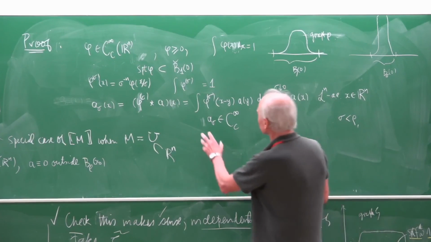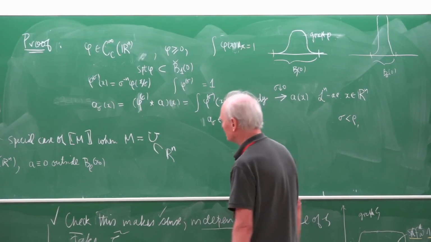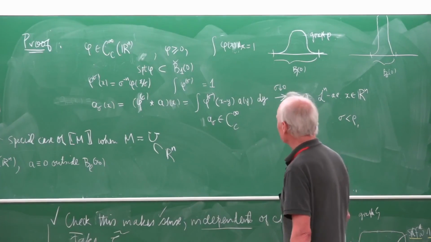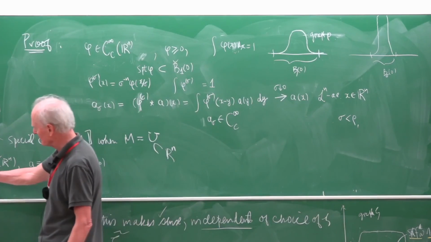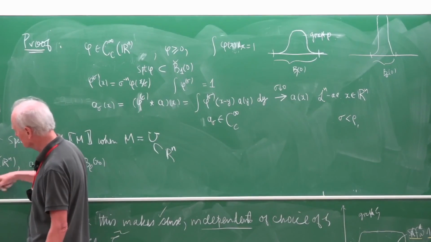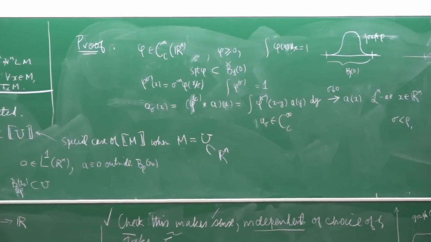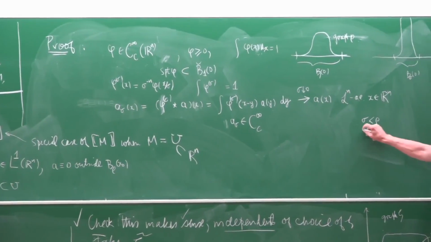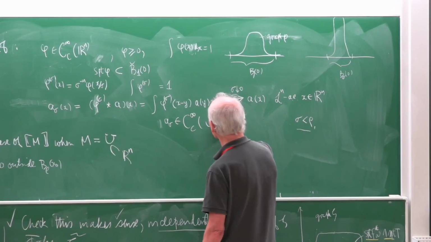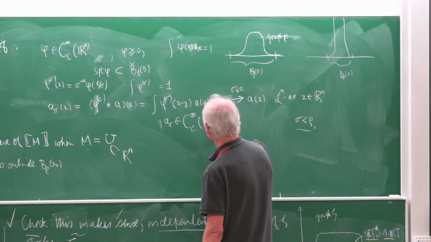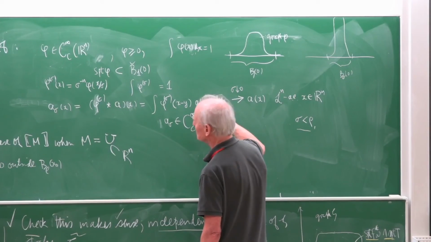We want to make sure the support of this remains inside U, but there's no problem if sigma is less than rho, because the ball of radius 2 rho is contained in U. So everything makes sense as long as we keep sigma small enough. So this is C infinity with compact support.